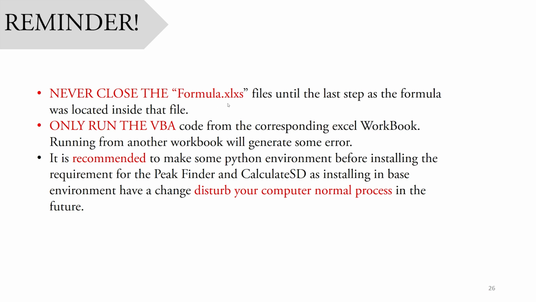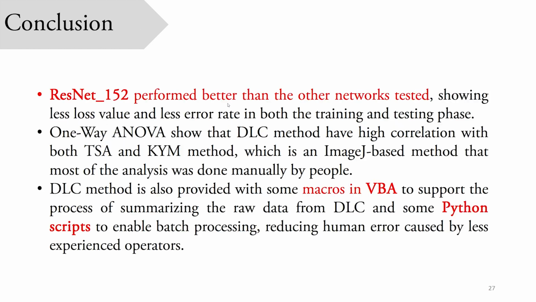If you run it from the formula Excel files, it will give you some error. It's also recommended to make a Python environment before installing the requirements for the PickFinder and the Calculate HD app, as installing in the base environment will change it and disturb your computer's normal processes in the future.